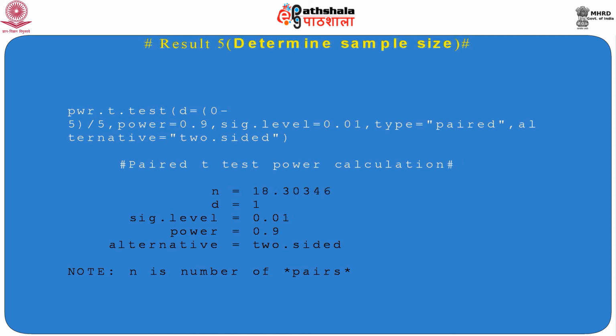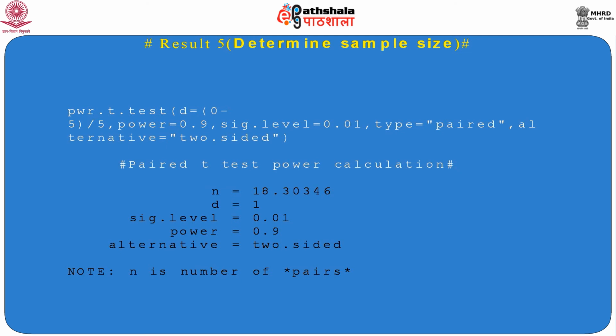Now again we increase our sample size by increasing the power equals to 0.9 and changing the significance level from 0.05 to 0.01 with type equals to paired and alternative equal to two.sided, that gives us 18.30.